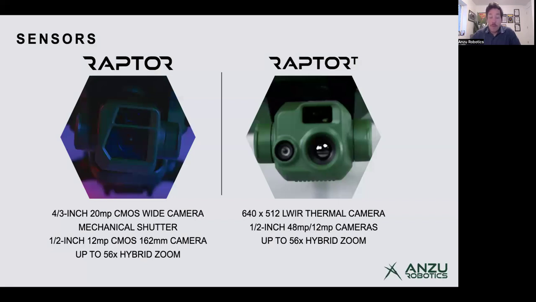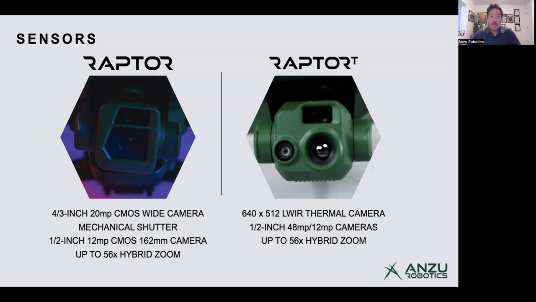So you have a 4/3 inch 20 megapixel camera that's going to be kind of the main star of the show. And then it also has that 12 megapixel narrow camera so that it allows you to do this 56x hybrid zoom. The zoom capability and quality, we're not talking about that much today.